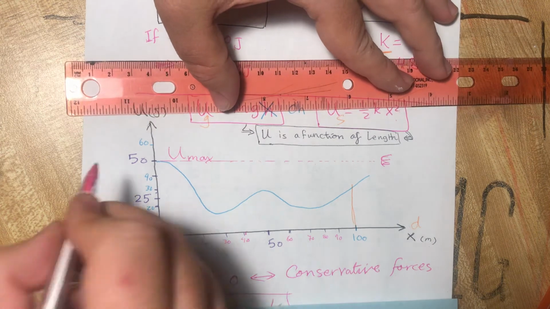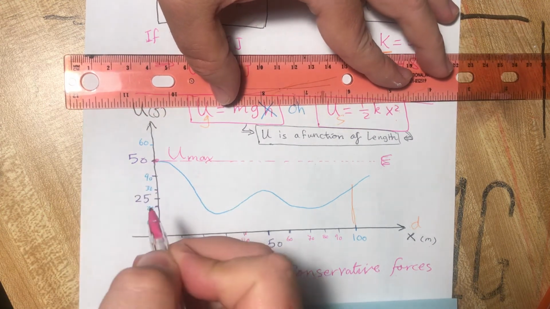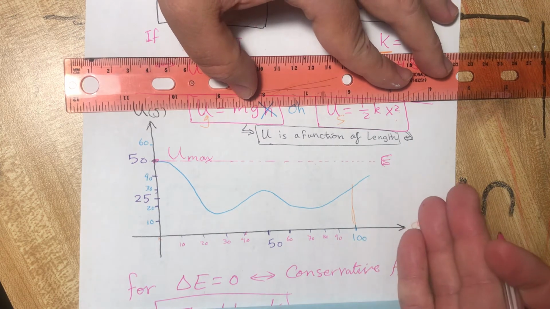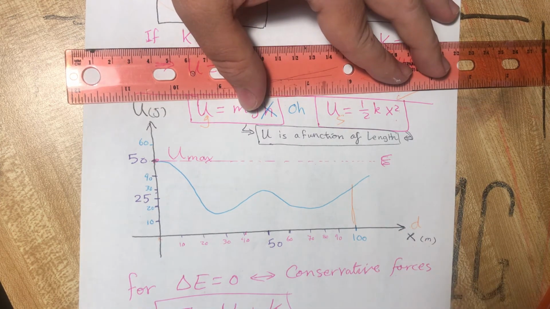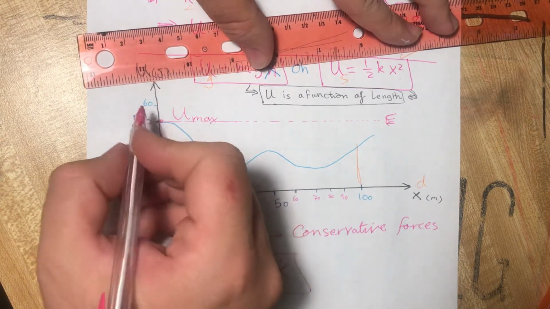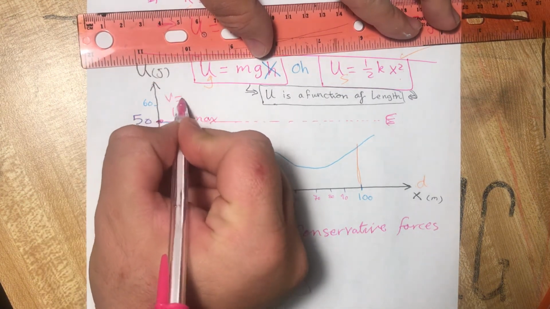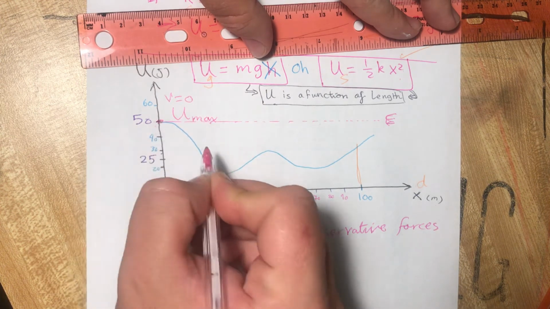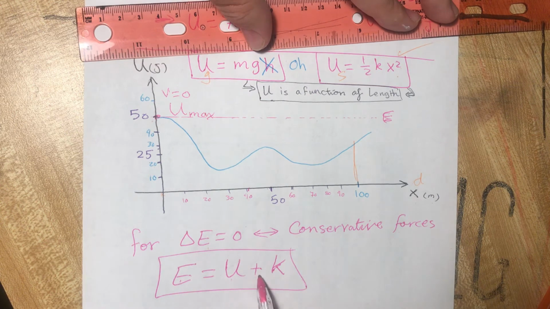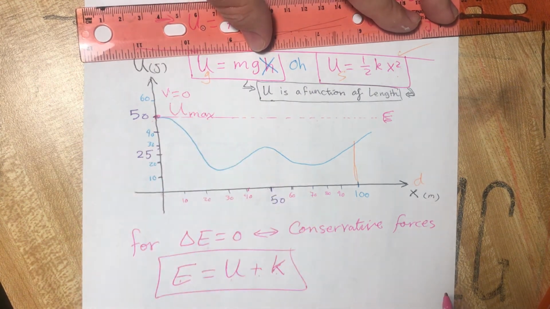Let us assume that at this point we don't have any velocity for our body. If V is equal to 0 at this point, then the mechanical energy will equal the potential energy plus the kinetic energy, but the kinetic energy is equal to 0 because the velocity is 0.